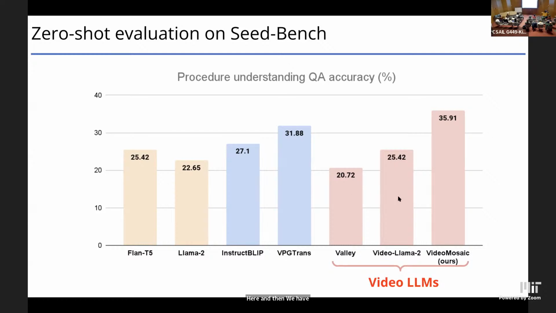Here, Valley and Video Llama 2 are the two models evaluated on this data set. And then our approach, VideoMosaic, is actually improving quite a lot on these state-of-the-art video LLMs. But interestingly, even some image LLMs can do better on this particular task.